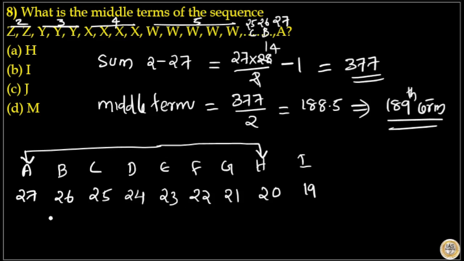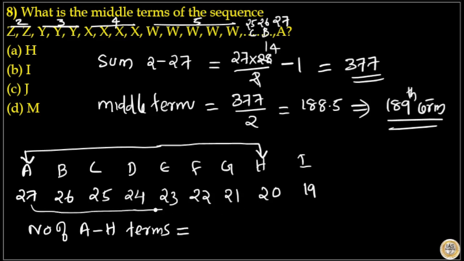Number of terms means number of A to H terms. We have total 8 terms from 20 to 27. So 8 into 20, 160, plus 1 to 7 sum is 7 into 8 divided by 2. That is 56 by 2, 28. So that is equal to 188.